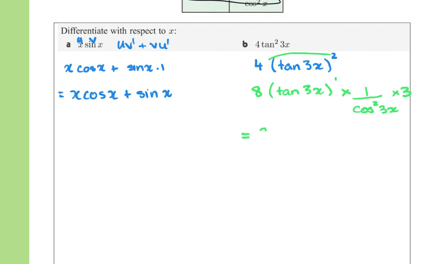So let's tidy all this up. I've got 24, tan of 3x on the top, cos squared of 3x on the bottom. Now I'm going to leave my answer like that. You could go one step further and change the tan to sine on cos and end up with sine over cos cubed.